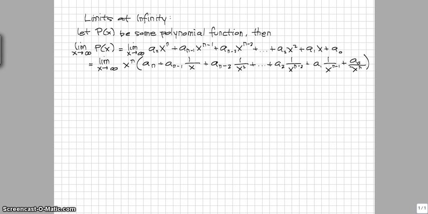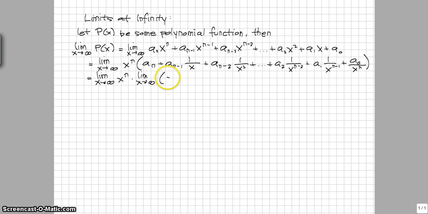All right. Now we know that limits are distributive through multiplication, so we can move on to the next step where we have the limit as x approaches infinity of x to the n, and we'll multiply that by the limit as x approaches infinity of all the rest of this stuff. And I'm going to simplify it a little bit. We know what it is now.